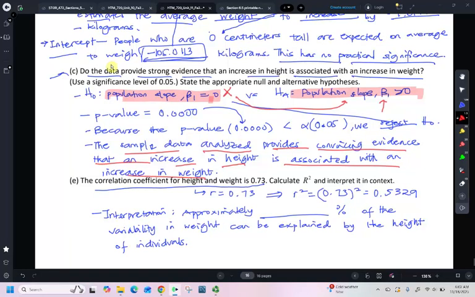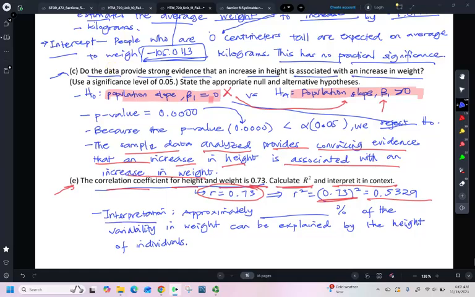Then for question E, the correlation coefficient for height and weight was given as 0.73. We have to calculate R squared and interpret it in the context of this problem. If the correlation coefficient r is 0.73, then we simply square it to get the coefficient of determination, which is 0.5329.